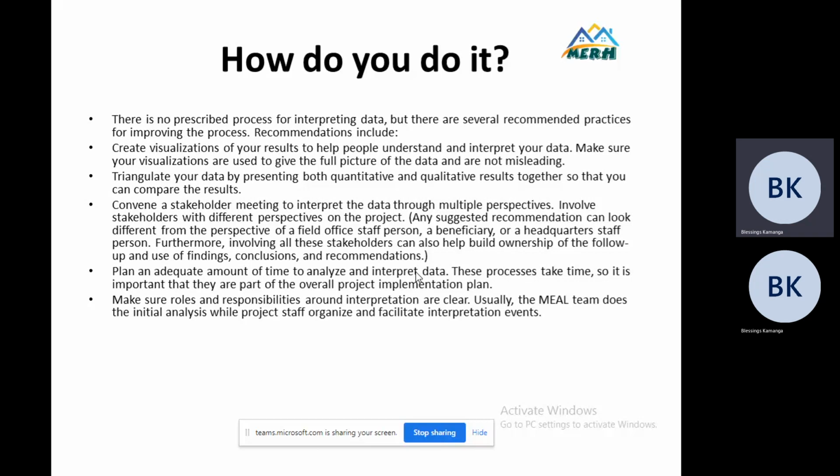And then you have to plan an adequate amount of time to analyze and interpret the data. These processes take time, so it's important that they are part of the overall project implementation plan. So make sure that you understand that this process takes time.